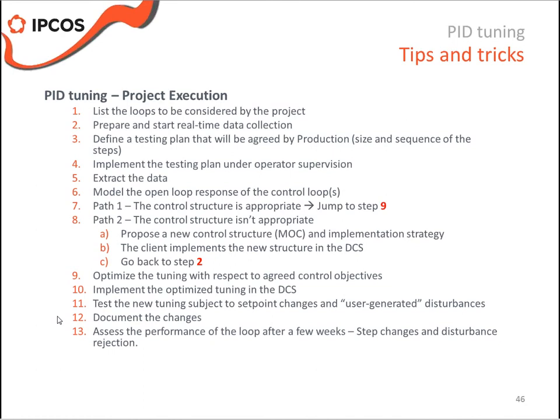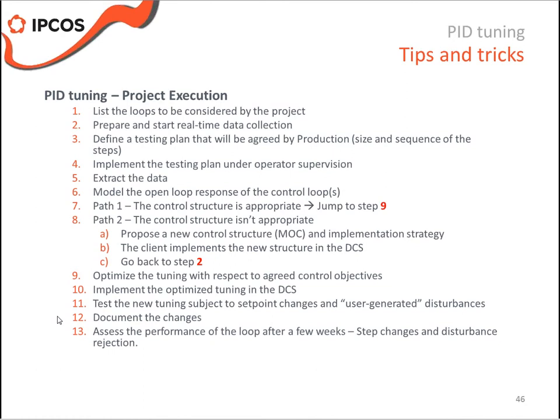Make sure you have some mechanism of collecting real-time data. This could be data at a sort of 10, 15-second frequency or slower if you don't have that kind of ability on your IT systems. It's always good to define a test plan with your production people and agree that and start making steps based on the sizes that you have agreed.